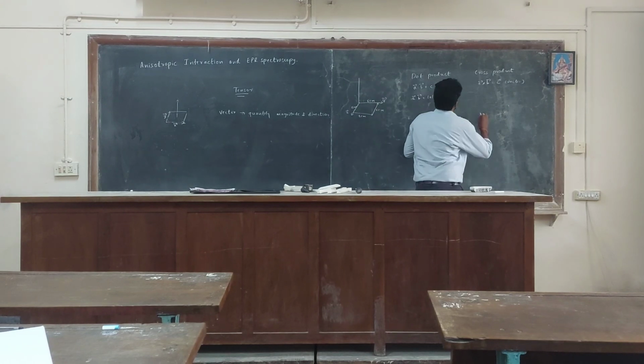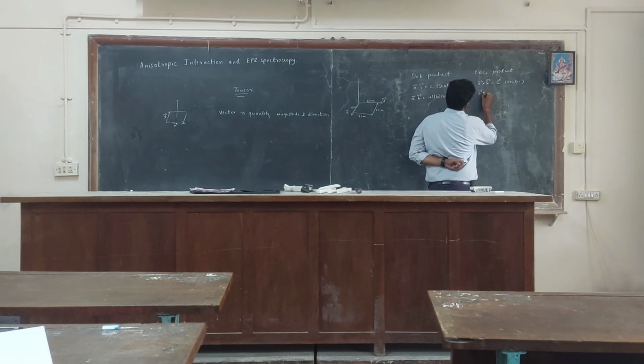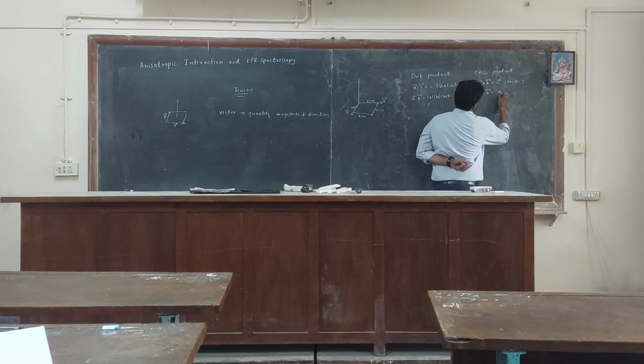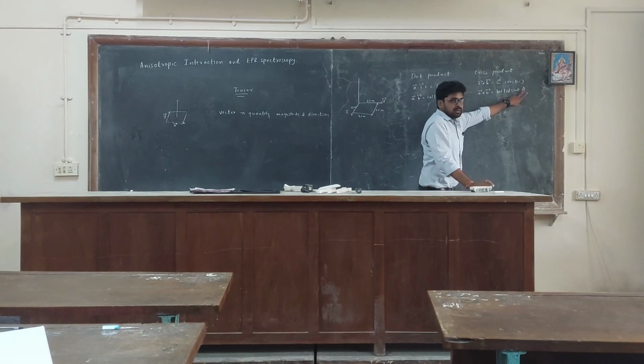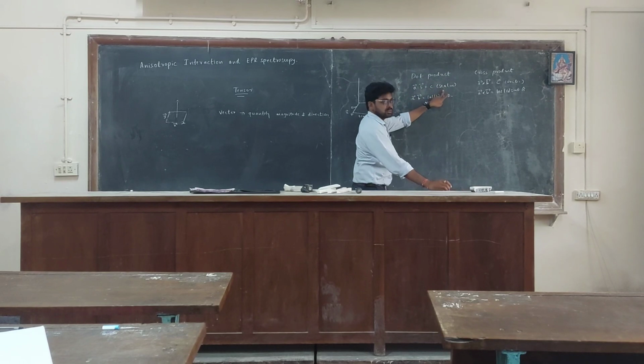And the cross product is given by magnitude of A, magnitude of B, sin theta, and a unit vector n. Because the cross product gives a vector and the scalar product gives a scalar.